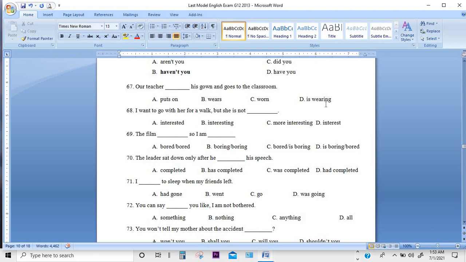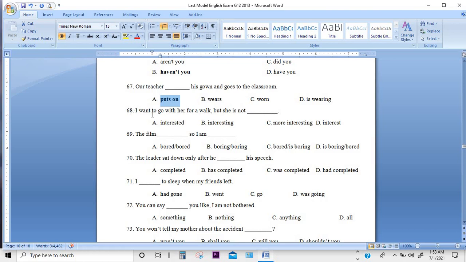A gown is put on, we put on a gown, we don't wear, okay we put on. So our teacher puts on his gown and goes to the classroom, he always puts on. Yes, I think that's the answer, puts on.